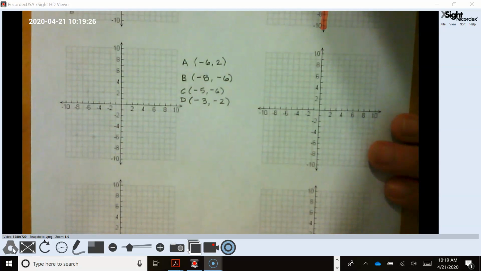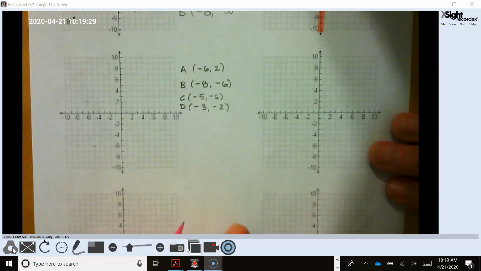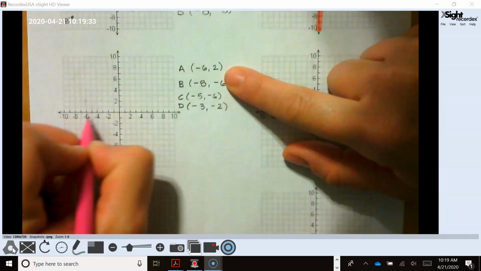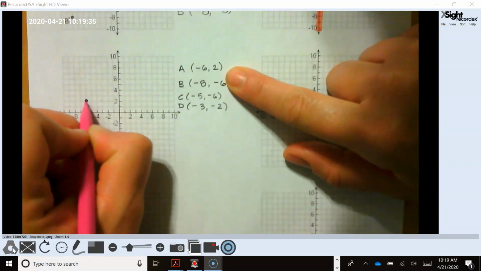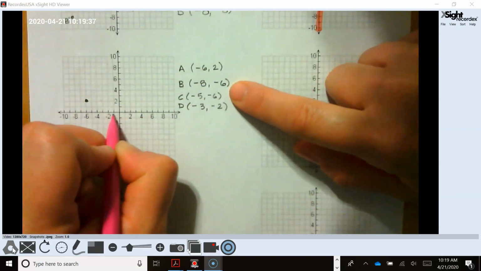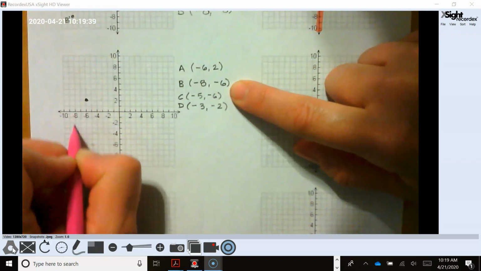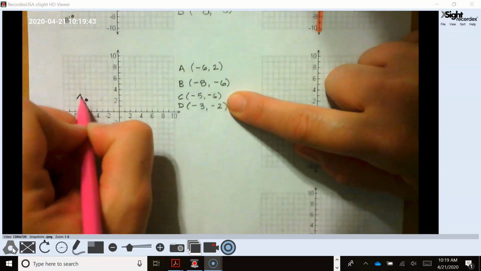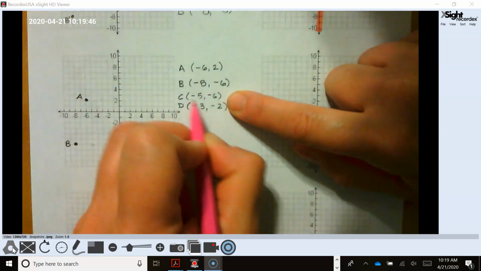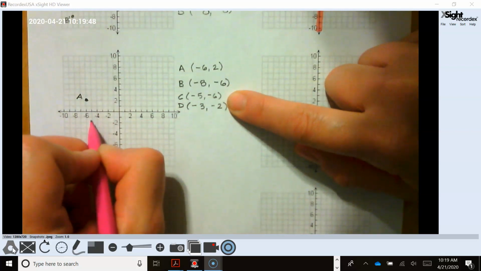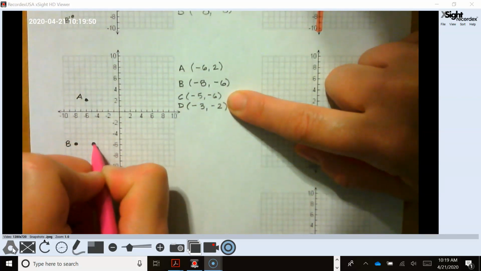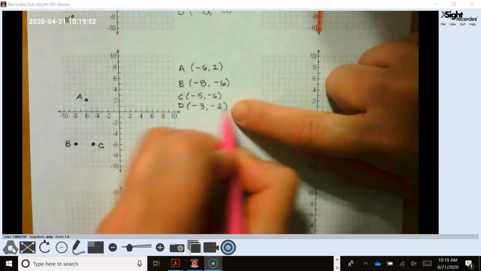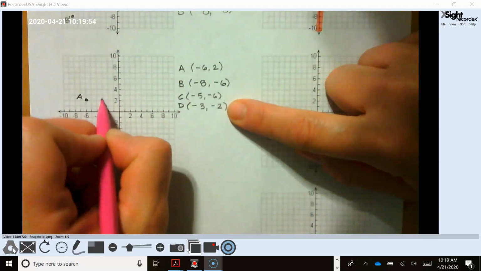So let's plot those points and then connect those dots. For point A, we've got -6, +2. For point B, we've got -8, -6. I should label those. Point C is at -5, -6. And point D lives at -3.